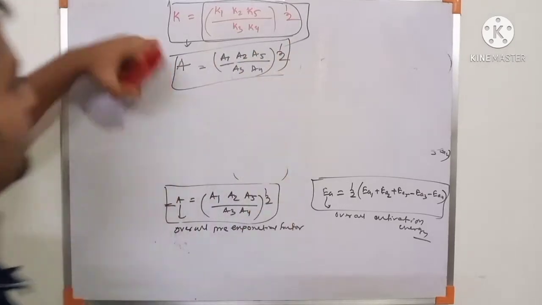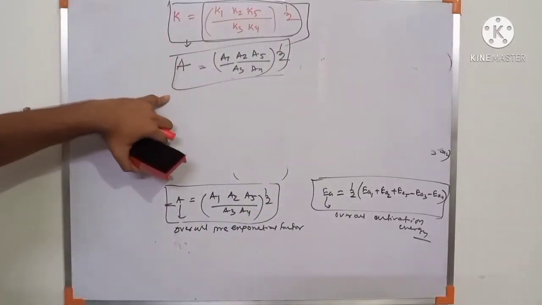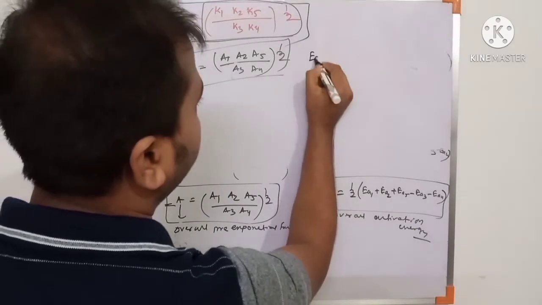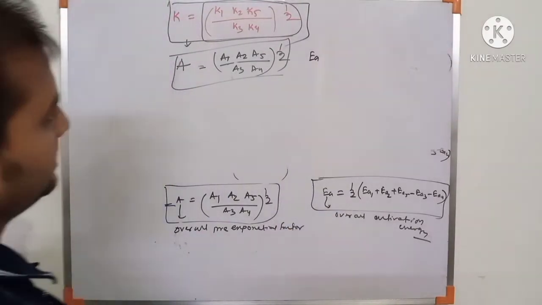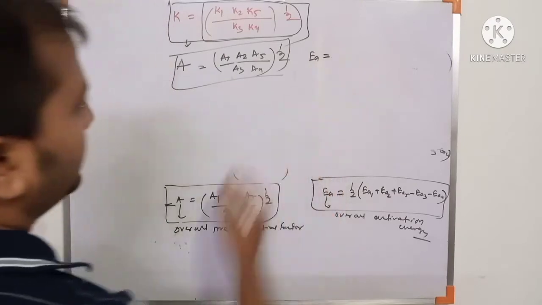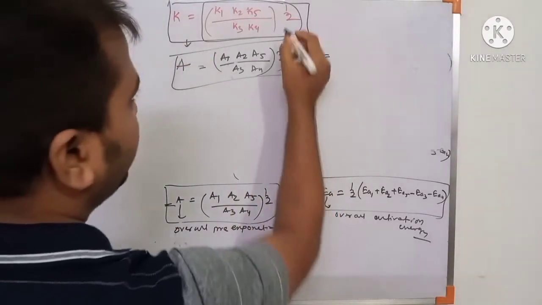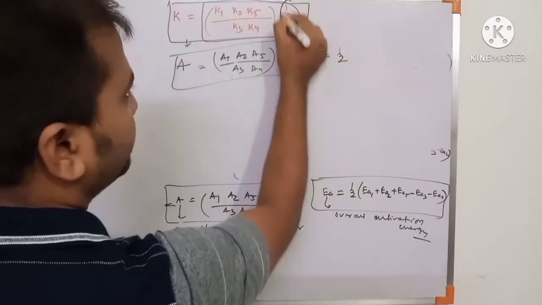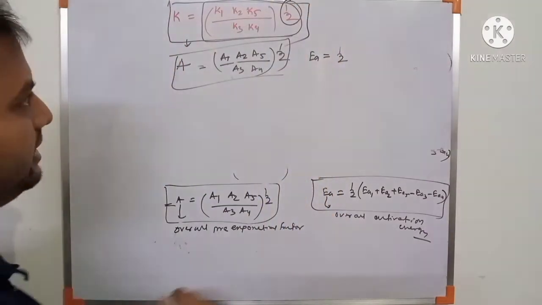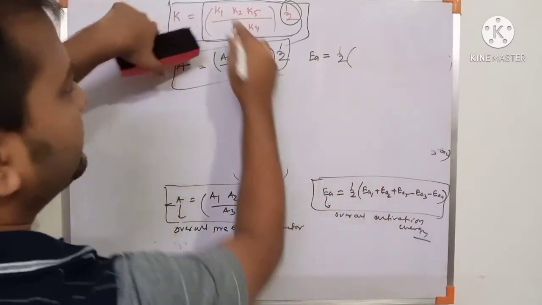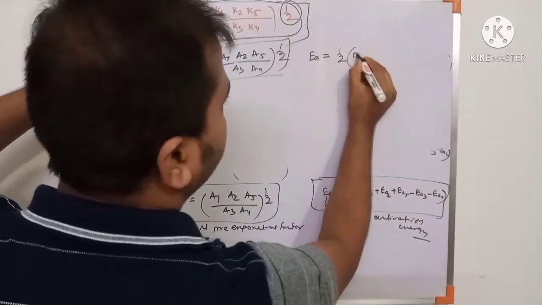The same rate constant k and overall A have the same form. For the overall activation energy calculation, EA is ln type, so the power half comes in front as half into the value.